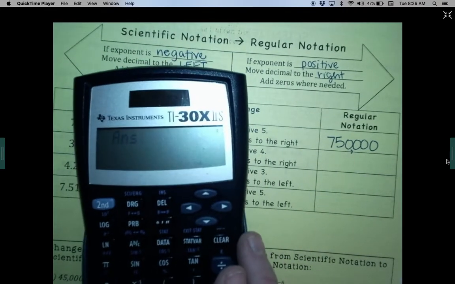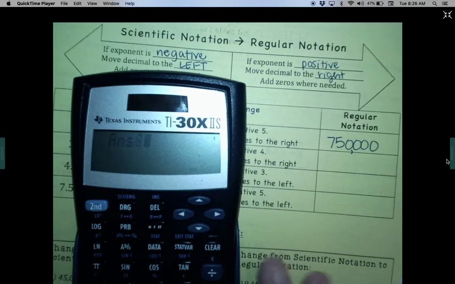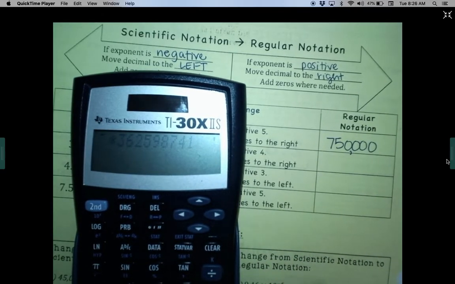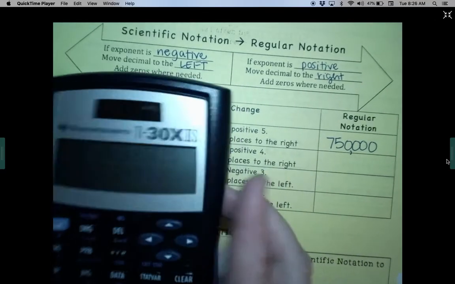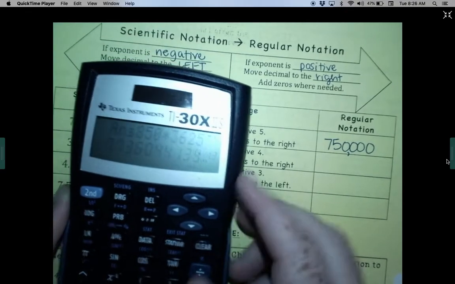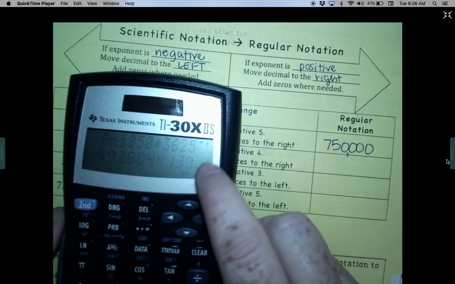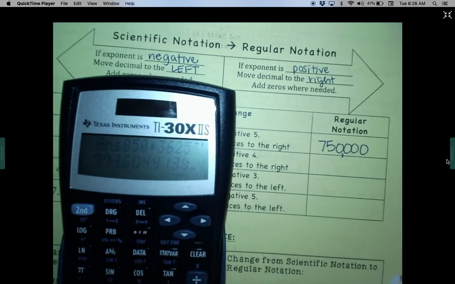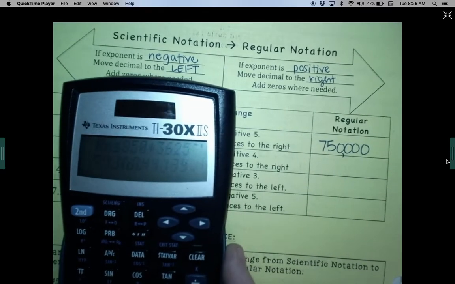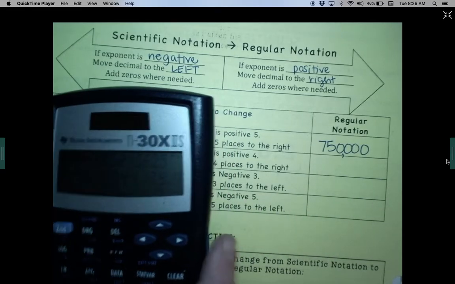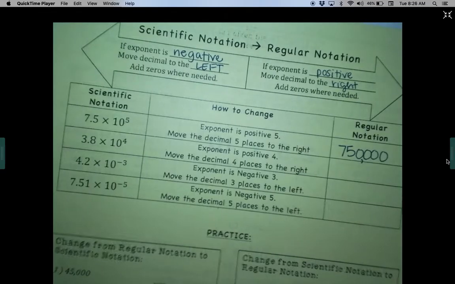It's kind of hard to see that, but if I did a huge number, that number is so big that it won't fit on the calculator. It's really hard to see, but there's a times 10 to the 13th power. That means that there's more zeros after it. So the calculator can't fit an unlimited amount of digits, but it's telling you that if you kept going, there would be that many more digits. Okay, so your calculators use scientific notation.